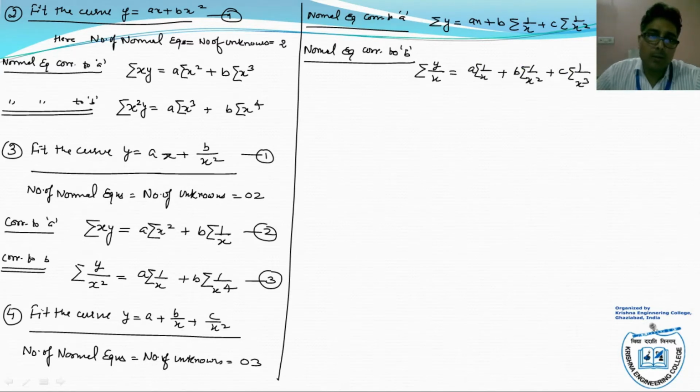Clear? The normal equation corresponding to c.